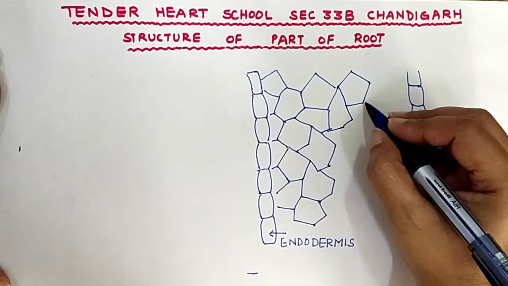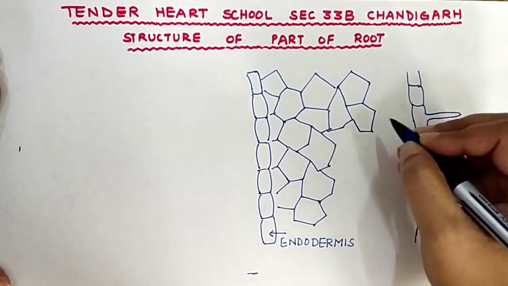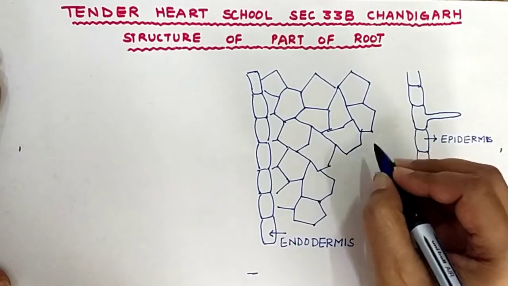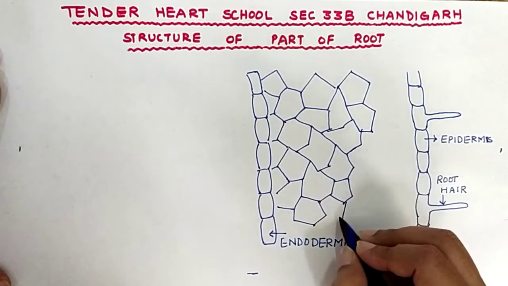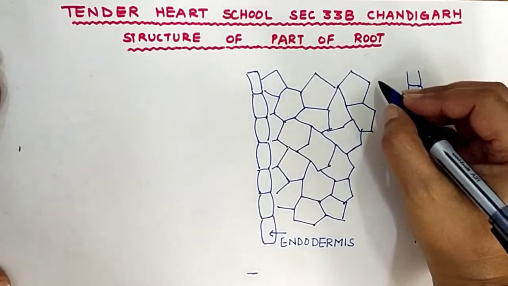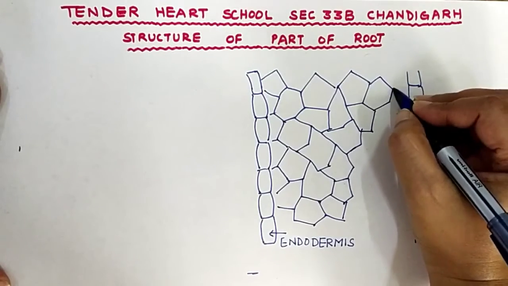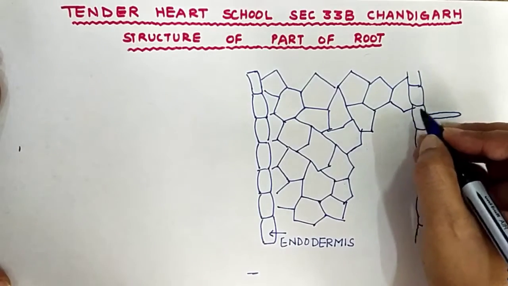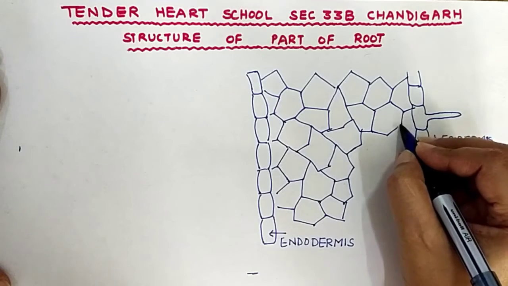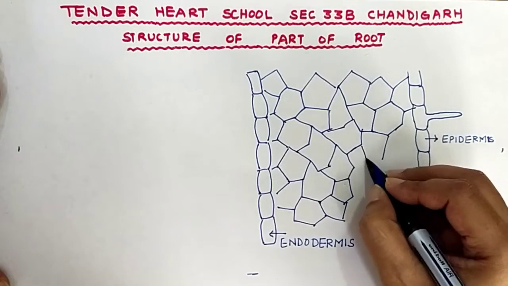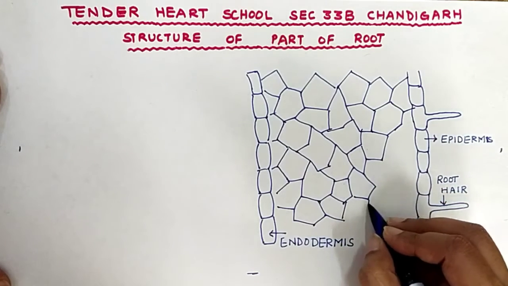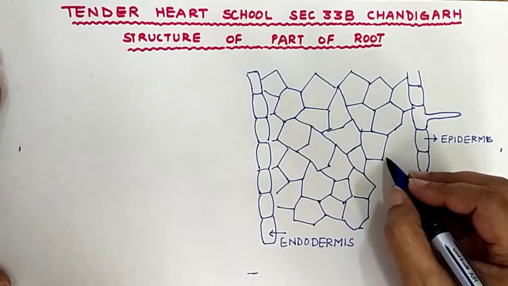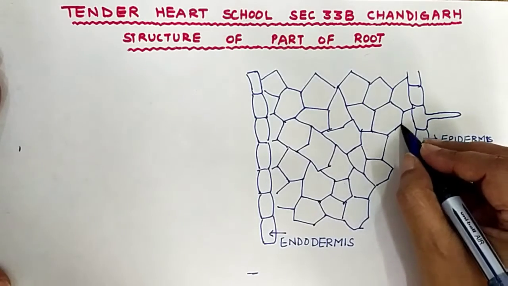Bulk of the root means maximum portion in the root is being covered by these cortical cells. The function of the parenchyma cells in the cortex region is to store food and water for the root, right?